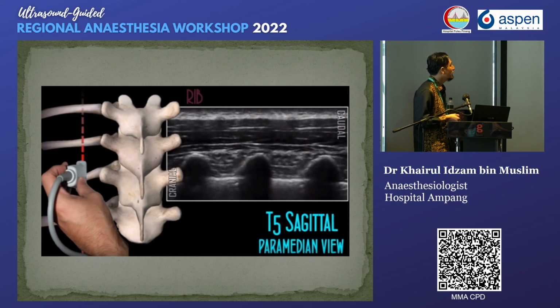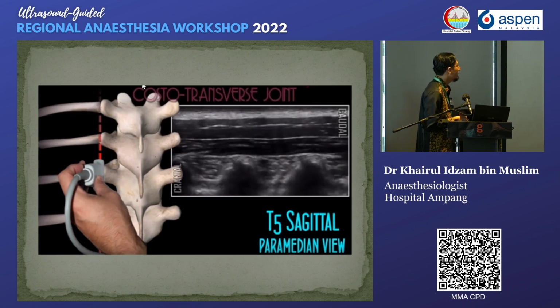This is at the T5 level, so we can identify the three paraspinal muscles: the trapezius, rhomboid, and also the ESM, the erector spinae muscle. So these are the ribs. We can see the pleura here, so we need to slide medially.